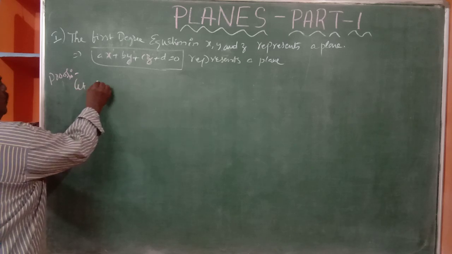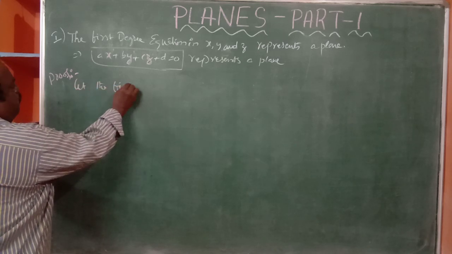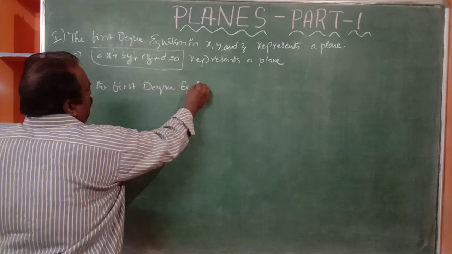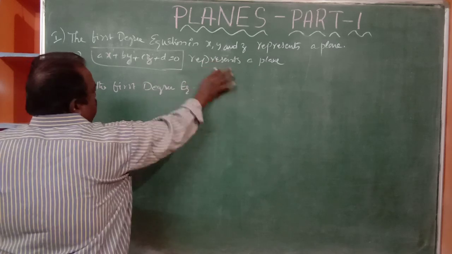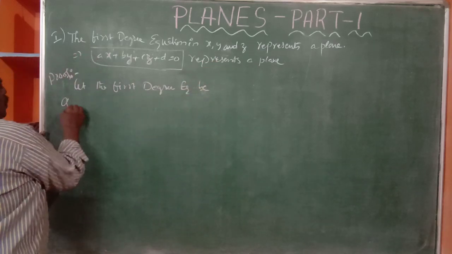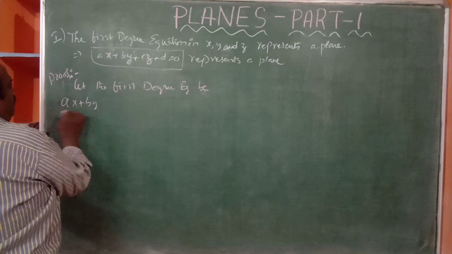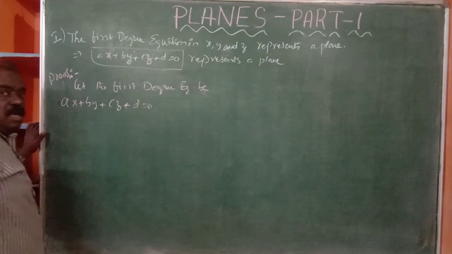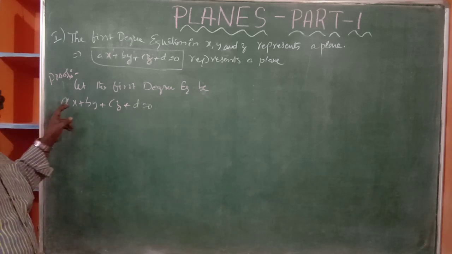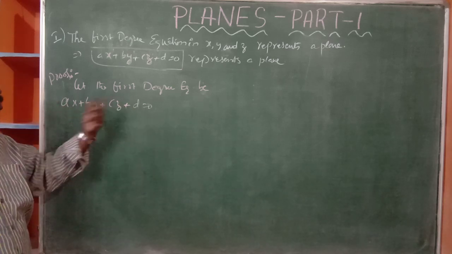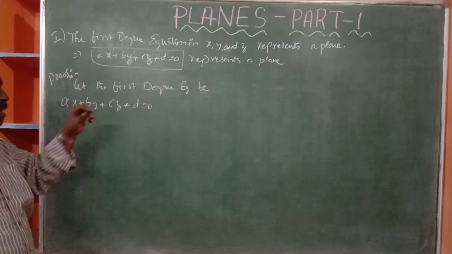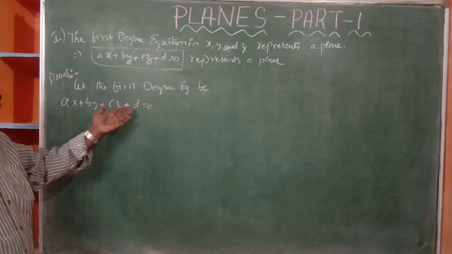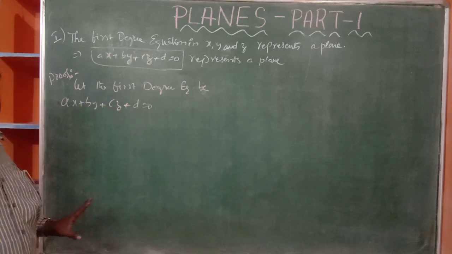Let the first degree equation be ax plus by plus cz plus d is equal to 0, where a, b, c, d are constants, numbers. Like 2x plus 3y plus 5z is equal to 8. These are the numbers, coefficients. This is the first degree equation. I am taking a first degree equation.